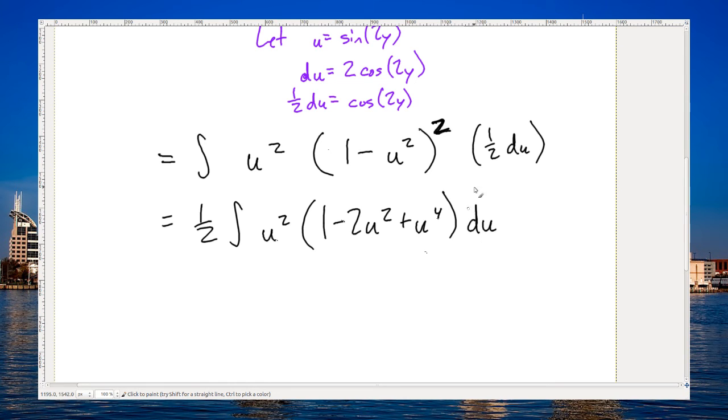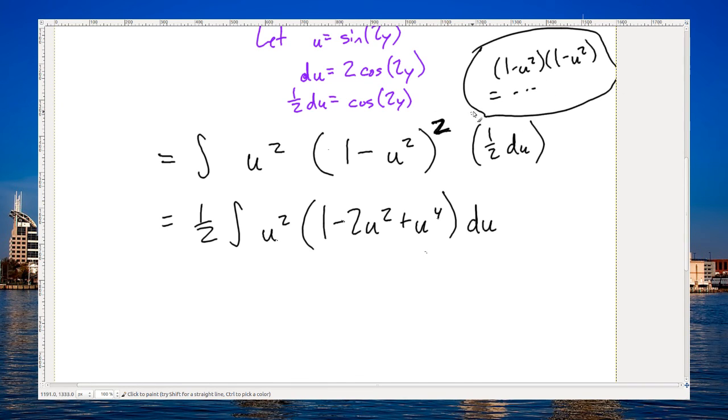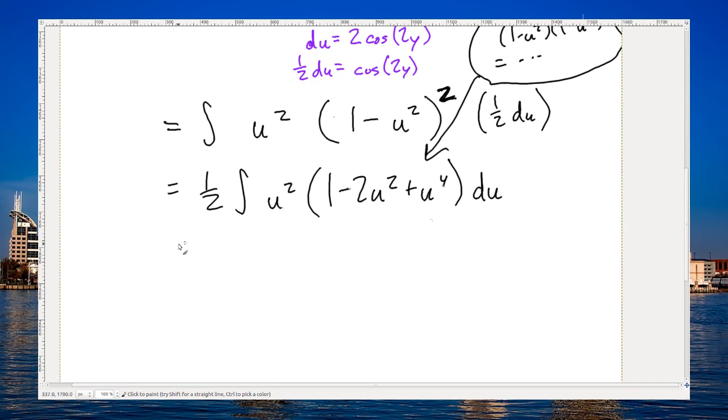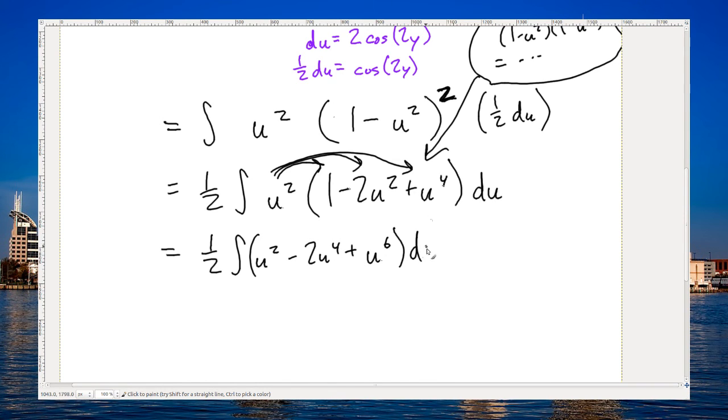Or you could FOIL it out if you want over here on the side. But in any case, that's what you'll end up with. And then I'll just multiply all this u squared stuff out, giving me u squared minus 2u to the fourth plus u to the sixth du.